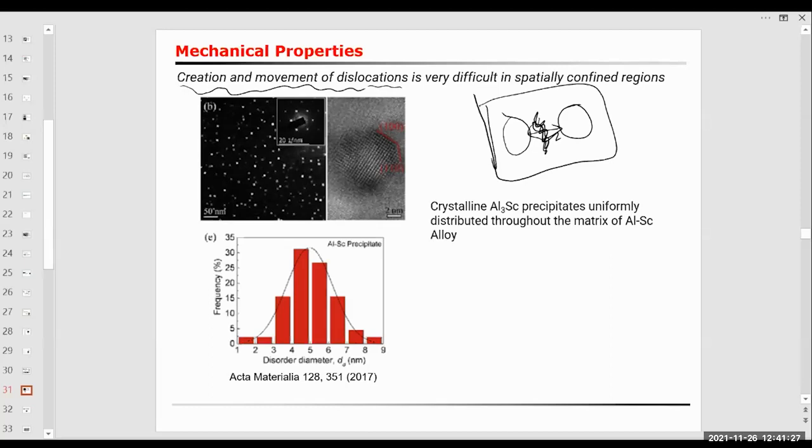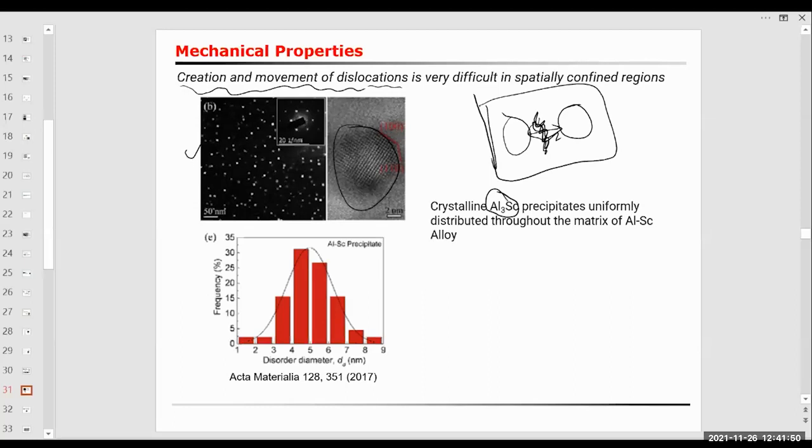Aluminum scandium alloy is made in such a way that the whole matrix is an aluminum scandium matrix, but in the matrix they had these small crystalline, you see the white dots, the bright dots in this image. These are aluminum scandium precipitates.